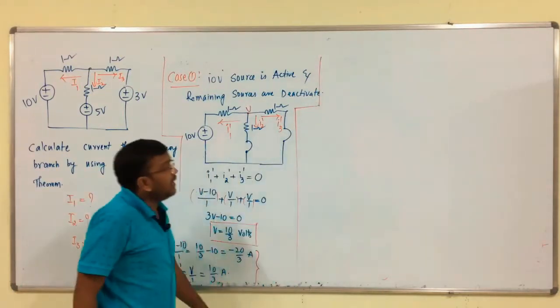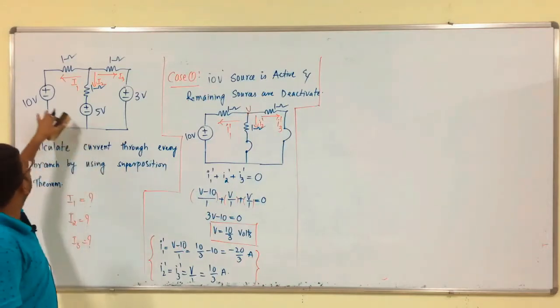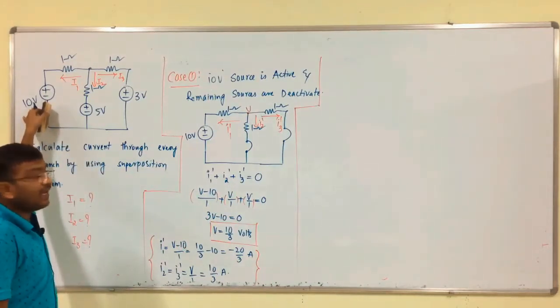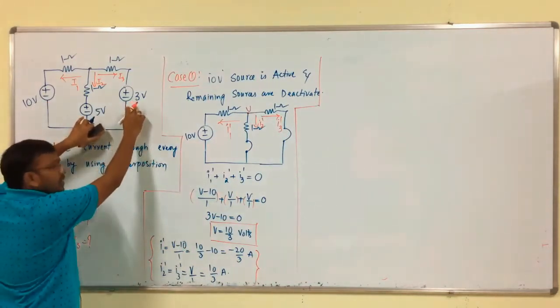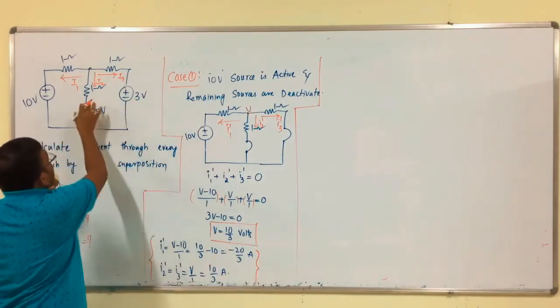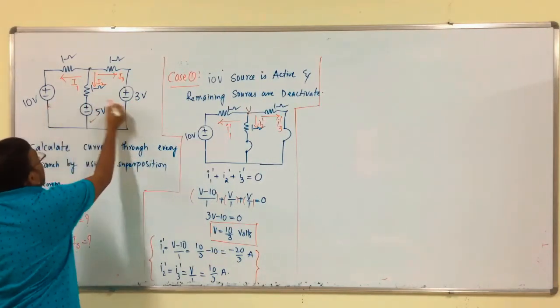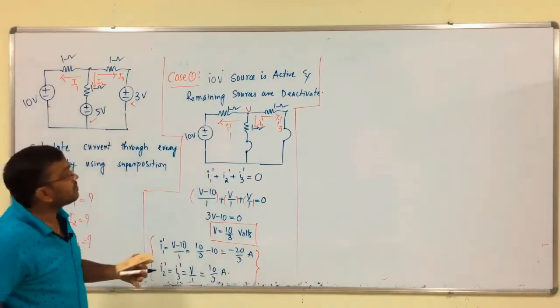Now we have to deal with case 2. In case 1, that voltage source was active and the remaining 2 voltage sources were deactivated. Now in case 2, this one should be active and these 2 are deactivated.